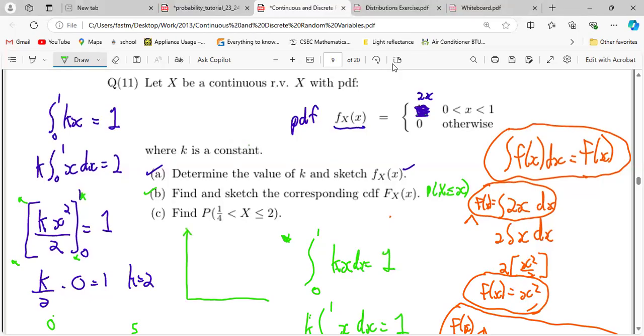Remember, x squared is a quadratic, starting from 0. So it will just be this piece here, between 0 and 1, you have a quadratic. And we know it ends at 1 because it's the CDF.